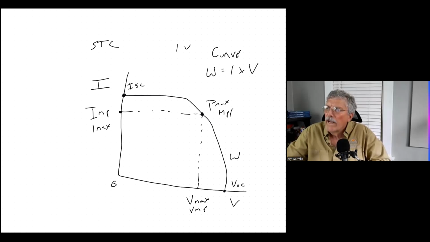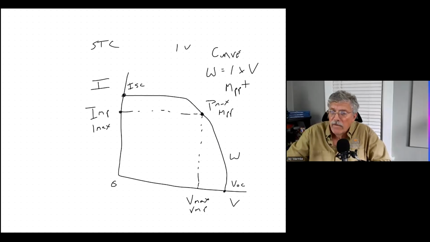The reason it's going to be operating at the maximum power point is there's a device called the MPPT, the maximum power point tracking device, and it's located in the first piece of electronics that is connected to the solar panels. That could be an optimizer, a microinverter, a charge controller, or a string inverter.